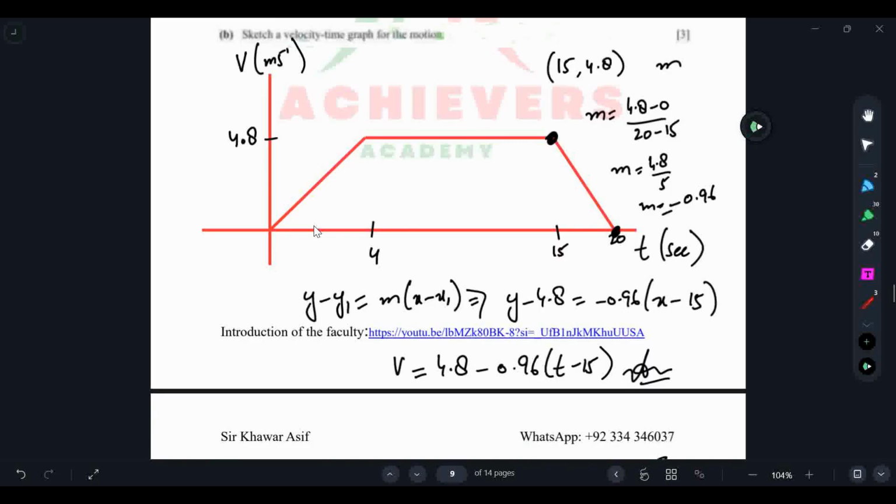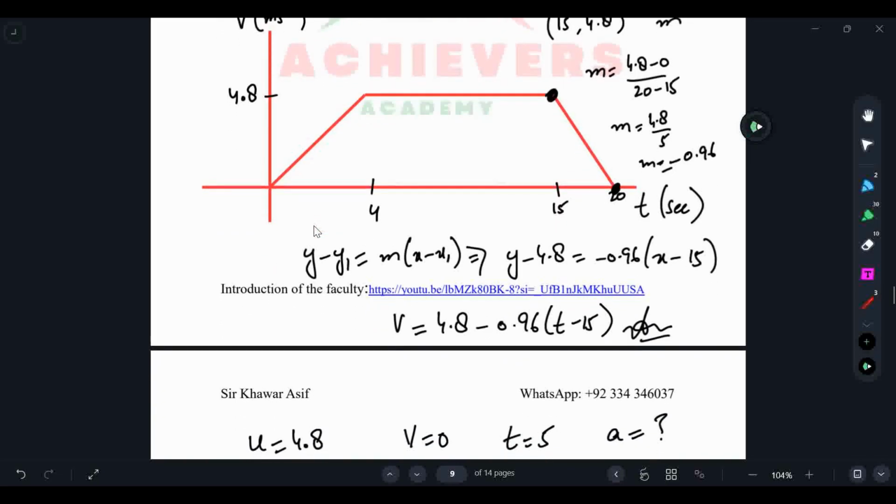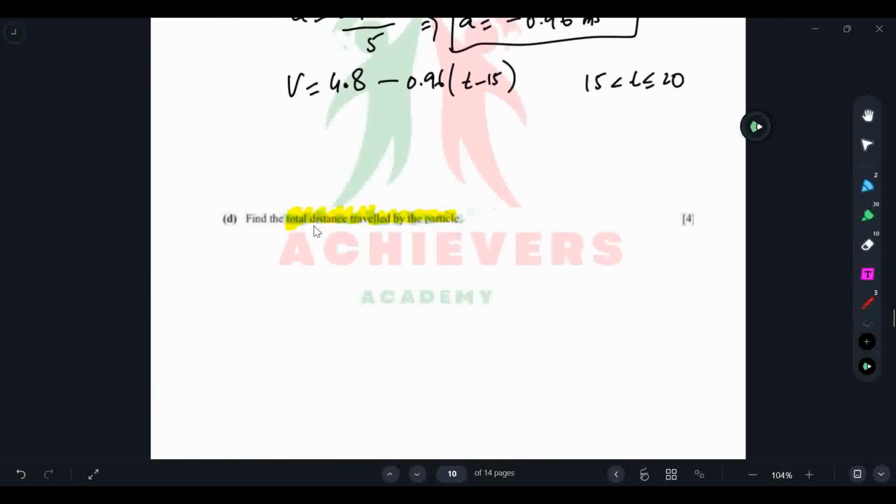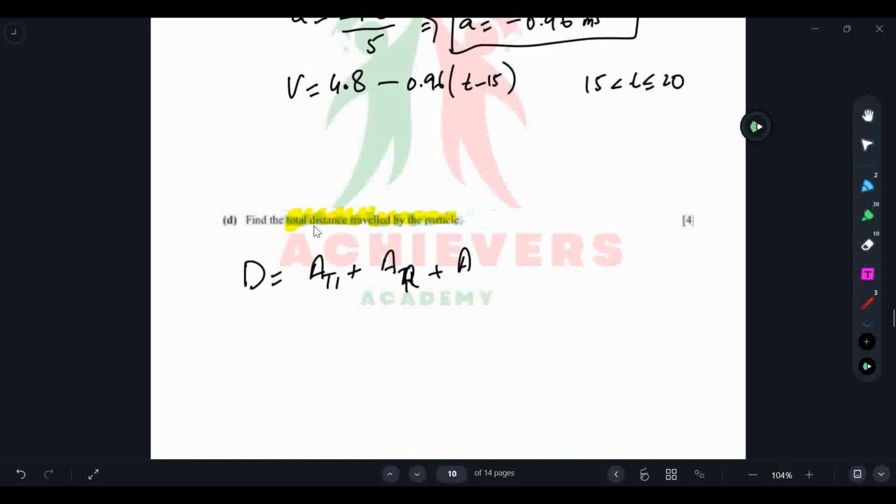Now, if we try to find the area under the graph, we know that for the first part, the total distance will be equal to the area of triangle 1 plus the area of the rectangle. The second portion is the rectangle, and the last one will be the area of triangle 2. Let's find the area of the first triangle: 1 by 2 base into height.